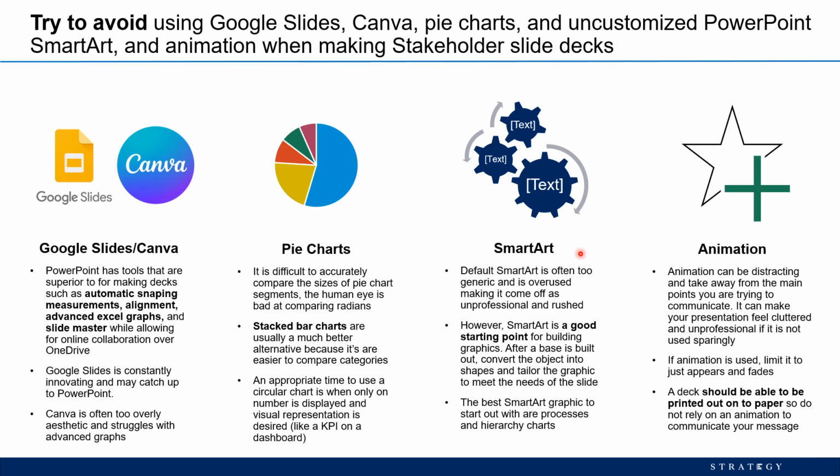Default Smart Art is a little bit overused and can come off as a little bit generic. When using Smart Art though, what I like to use for starting out mostly are processes and hierarchy charts. And then I like to build off from there.